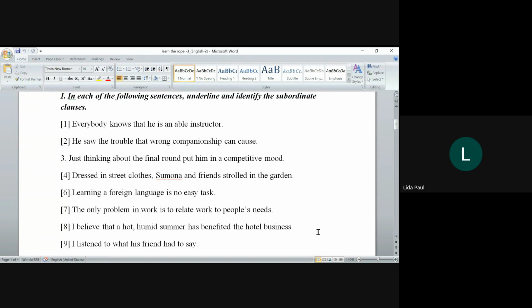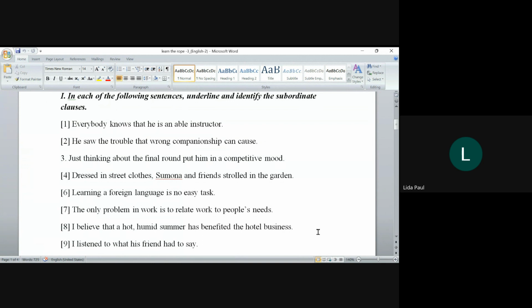Does it have a verb? Yes. What is that verb? Knows, right? What follows after that is the object. The whole of that part is the object of the verb "know." So everybody knows what? Everybody knows that he is an able instructor. So basically, that whole subordinate clause "that he is an able instructor" is the object of the verb "know" in the sentence.